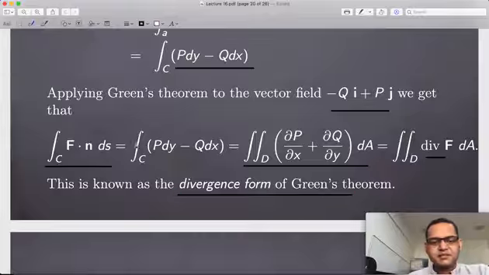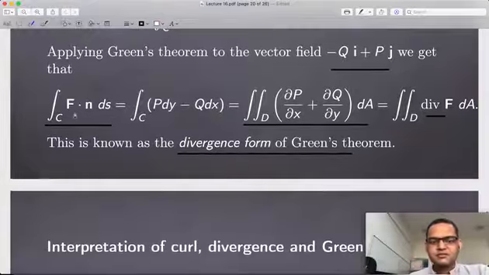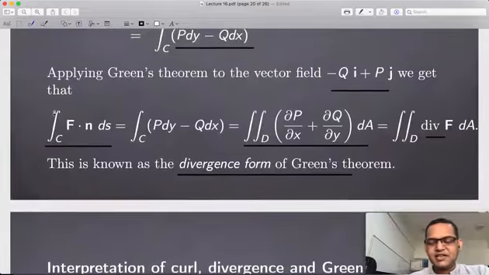But the idea is very beautiful, which I'm just going to talk about. Okay, but you keep in mind that there are two possible integrals of the vector field. One is along the tangential component of the vector field, or you can do the same along the normal component.